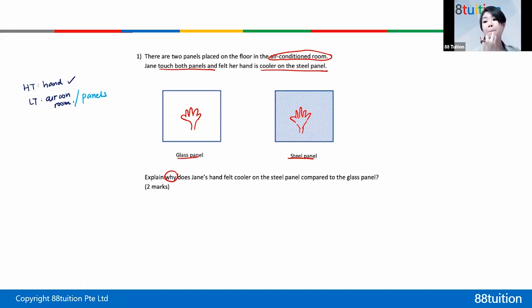Kyler, what do you think? Everybody agrees that the hand is the region of higher temperature. What is the region of lower temperature, Kyler? Is it the aircon room or is it the panel? Look at the question. She is touching the panels. So what is the region of lower temperature, Kyler?